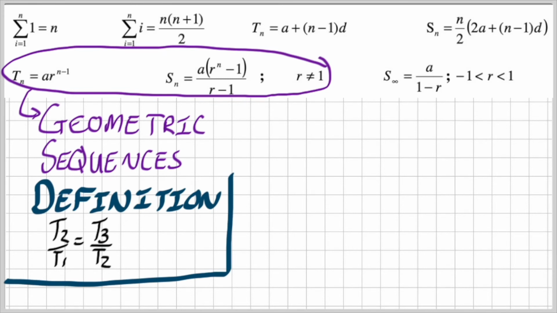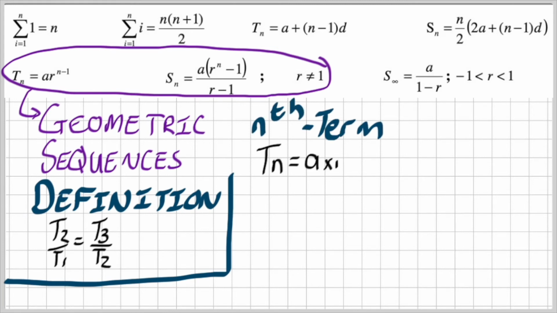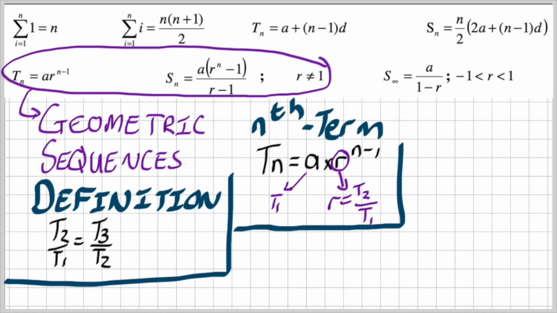Very important: when they tell you it is geometric, I love to use the definition. Next up, what if I'm looking for the nth term or the general term? Well, a is your first term, and r is T2 over T1.